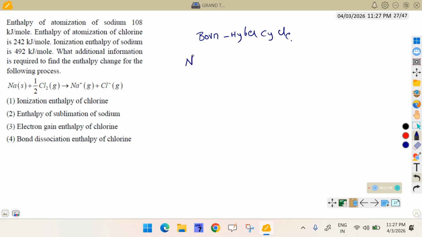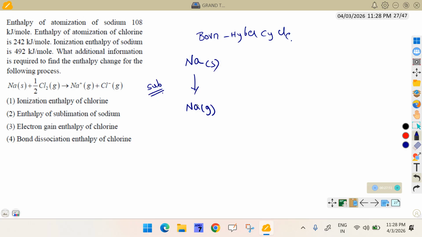First, sodium solid is converted to sodium gas. This process is called atomization. No, this is called sublimation. Sublimation energy.